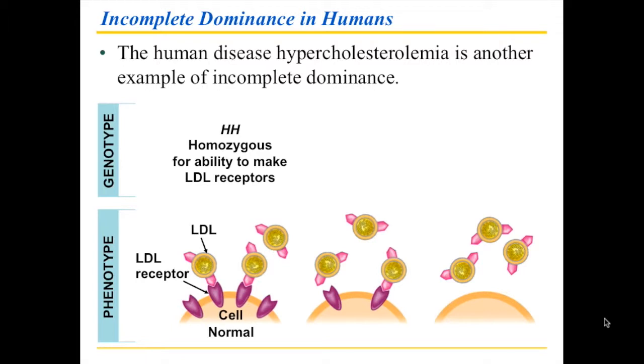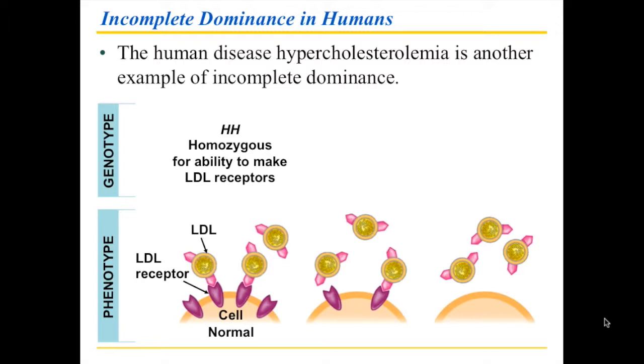LDL is one of the kinds of cholesterols. We all need cholesterol because it is important for our cell membranes. It is something we use to make hormones, but we only need a certain amount. And whatever we have in excess, we should have some way to remove it from the blood, because if we don't, then of course it can form plaques and obstruct our blood vessels and so on and so forth.